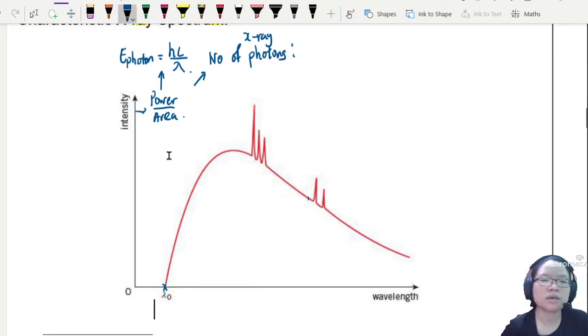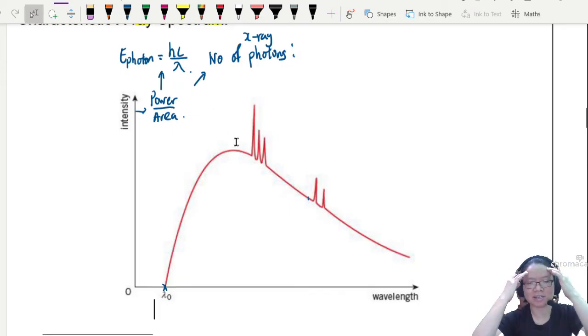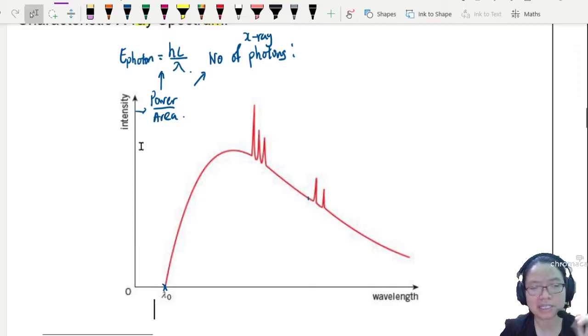To make this graph easier to understand, this intensity is only dependent on the number of X-ray photons. If you think about it this way, your brain will not get stuck in some weird loop, uncertain whether frequency is constant or intensity is constant. So this intensity, to make your life easier, is the number of pings, or the number of X-ray photons.